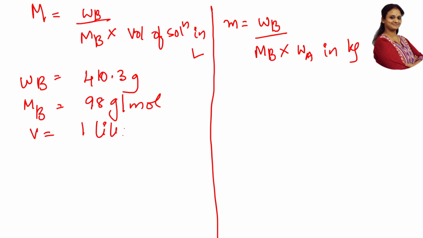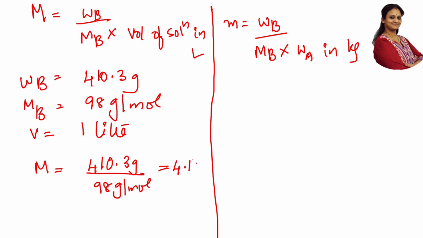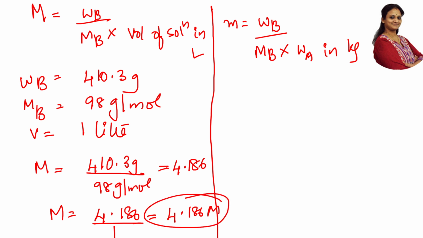I can easily calculate: weight by molecular weight, 410.3 gram divided by 98 gram per mole. When I divide this, I get almost 4.186. So molarity is equal to this divided by the volume, 1 liter, which is 4.186 molar. This is molarity.